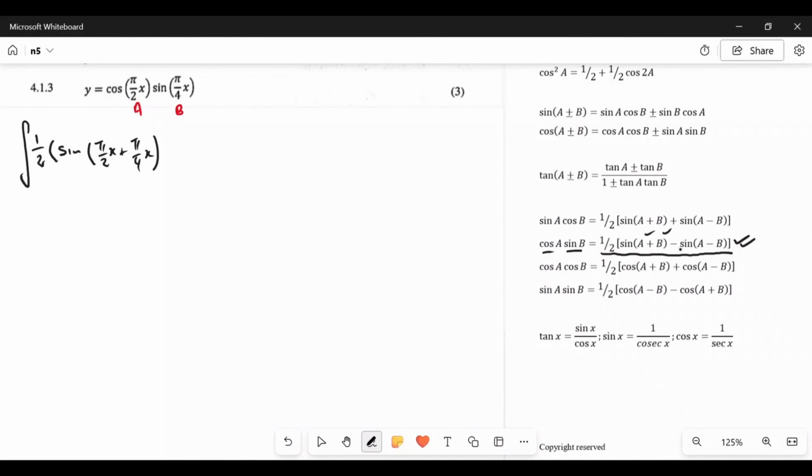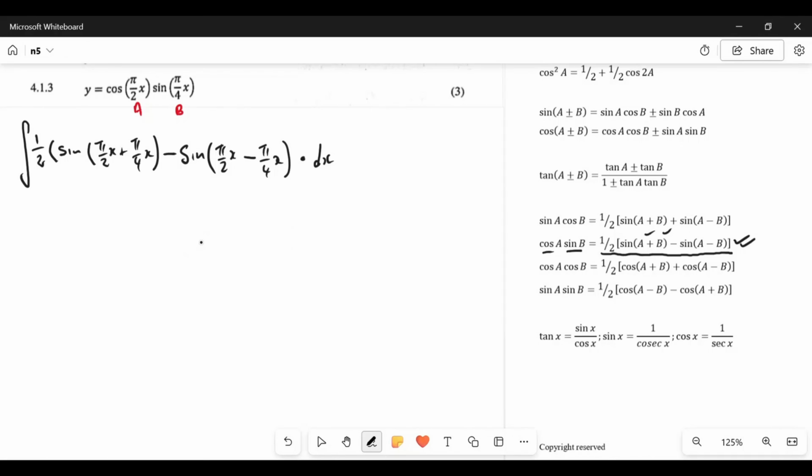There we go. Then we say minus. And then we write sine(A minus B). There we go. So our A is pi over 2 x minus B, which is pi over 4 x. Close bracket. And all this here is multiplied by dx.